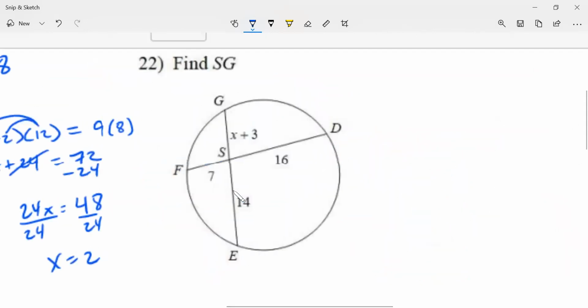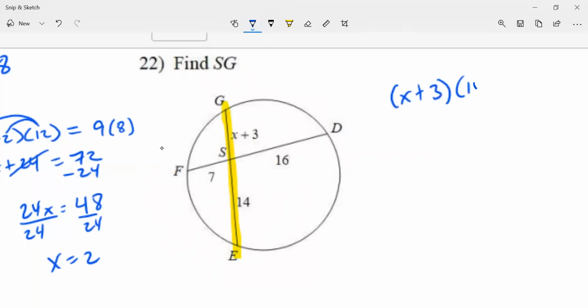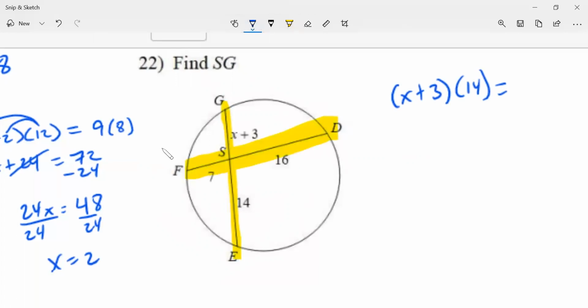Now here, I'm asking for the measurement SG. I see an x. Again, let me solve for x and then I'll come back to the question. I'm looking at this segment right here. It's made by the measurements x plus 3 and 14. This other segment is made by the measurements 7 and 16. Distribute.